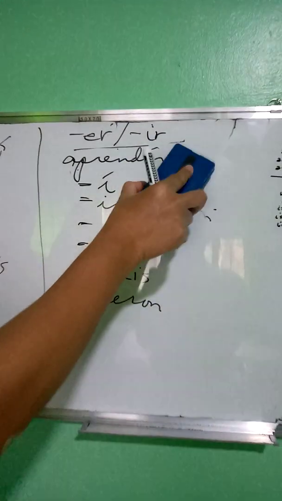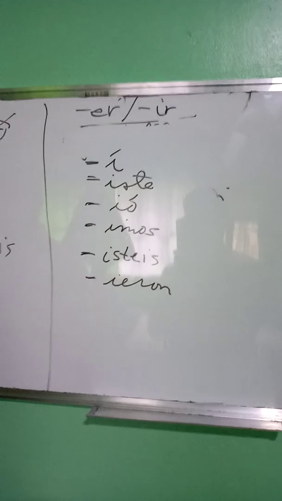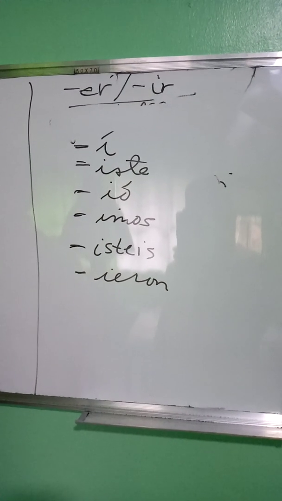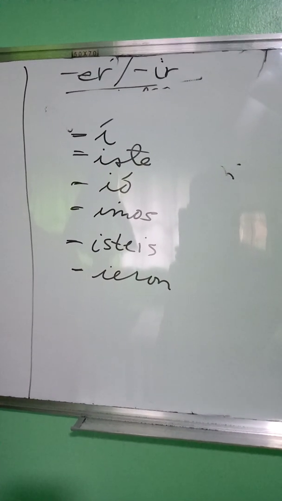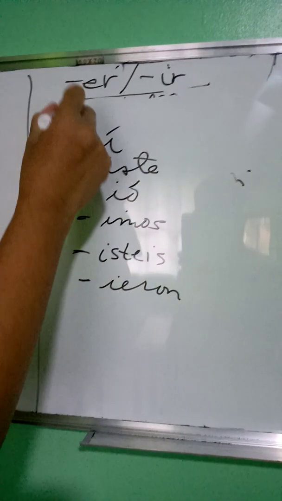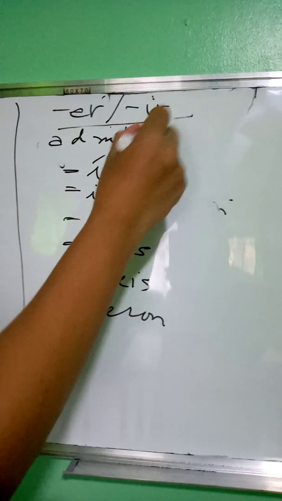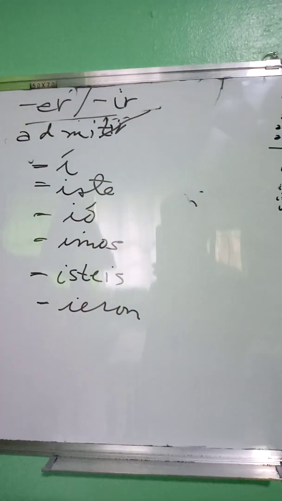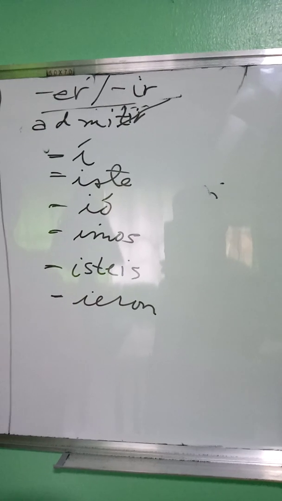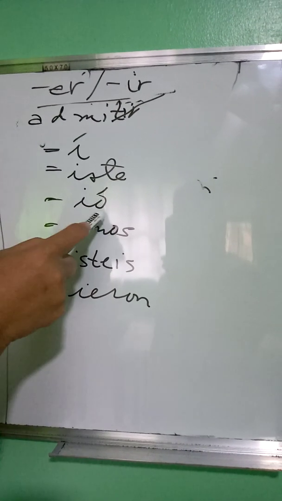And one more example would be ending in IR. Take my notes. Ending in IR would be the verb admitir, is to admit. Admitir. Of course, ending in IR, you drop that. So the past tense would be yo admití, tú admitiste, él, ella, usted admitió.